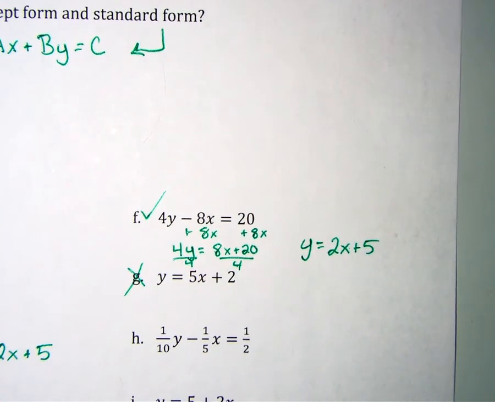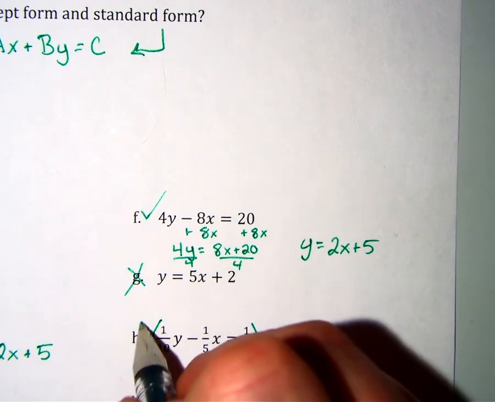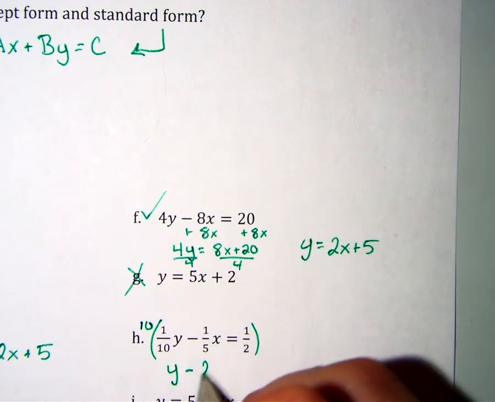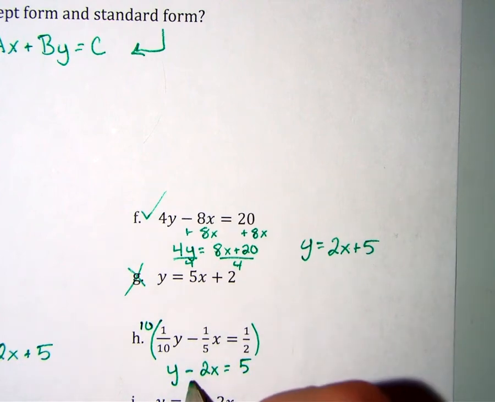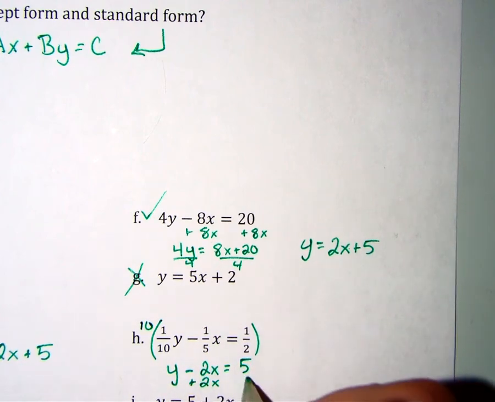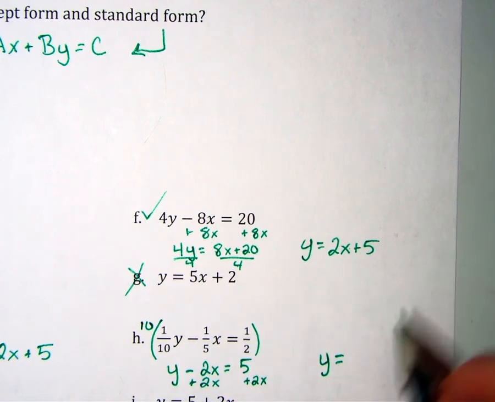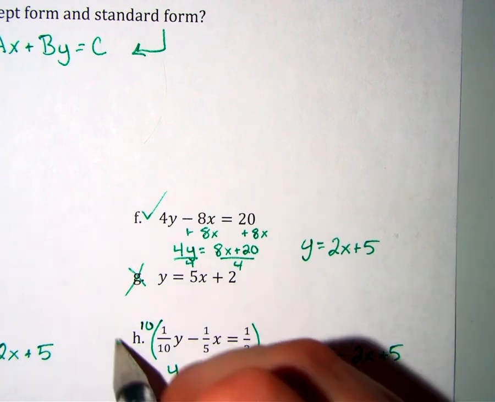Number H. Again, I'm going to clear the fraction by multiplying by 10. So I'll end up with y minus 2x equals 5, where we add 2x to both sides, and that leaves us with y equals 2x plus 5.